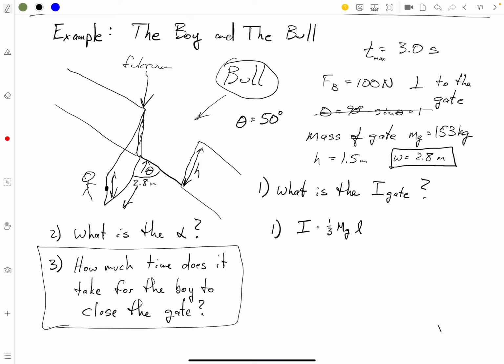Okay, so instead of width, let's delete that, and we'll call it L. Okay, so that's our 2.8 meters. Okay, and the mass of the gate is known, right? Yeah, known. Okay, so we can figure out what that I is.